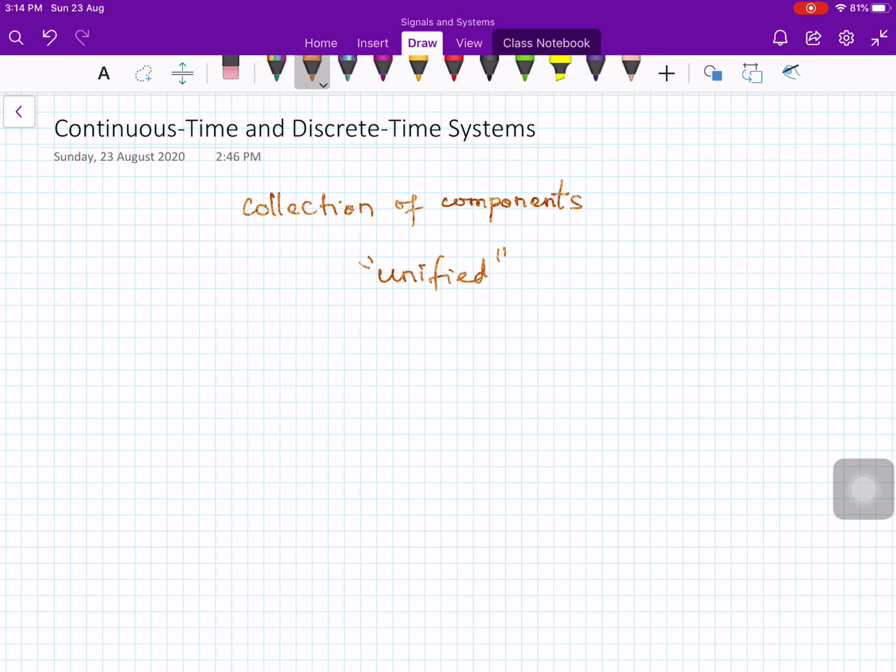Therefore, physical systems in the broadest sense are an interconnection of components, devices or subsystems.